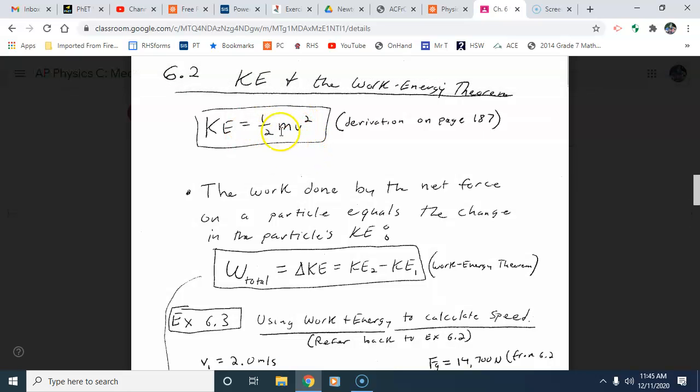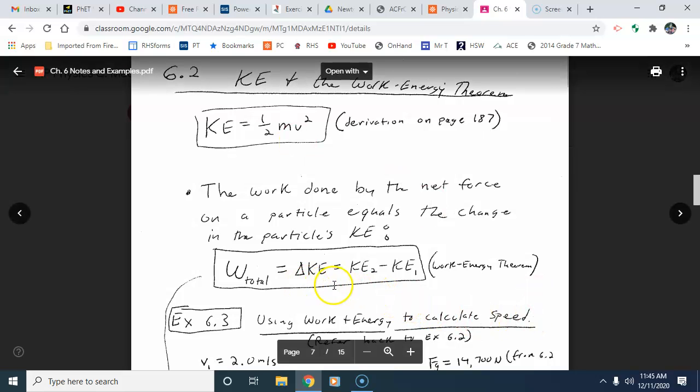If I plug 100 in for m and 10 in for velocity, I get 100 times 100, since 10 squared is 100, and I take that times a half, or divided by 2, and that means I changed its kinetic energy by 5,000 joules.